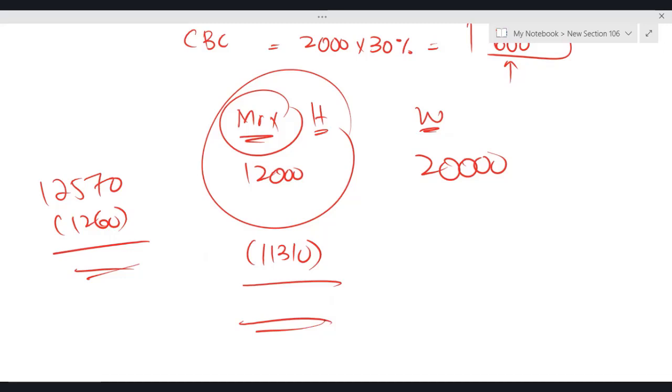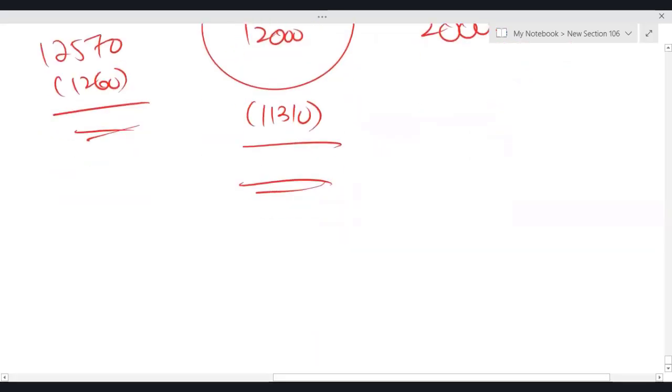If Mr. X and his wife want to go towards marriage allowance, in that case Mr. X will get a personal allowance of only 11,310. I hope I have answered the query. What is not possible?